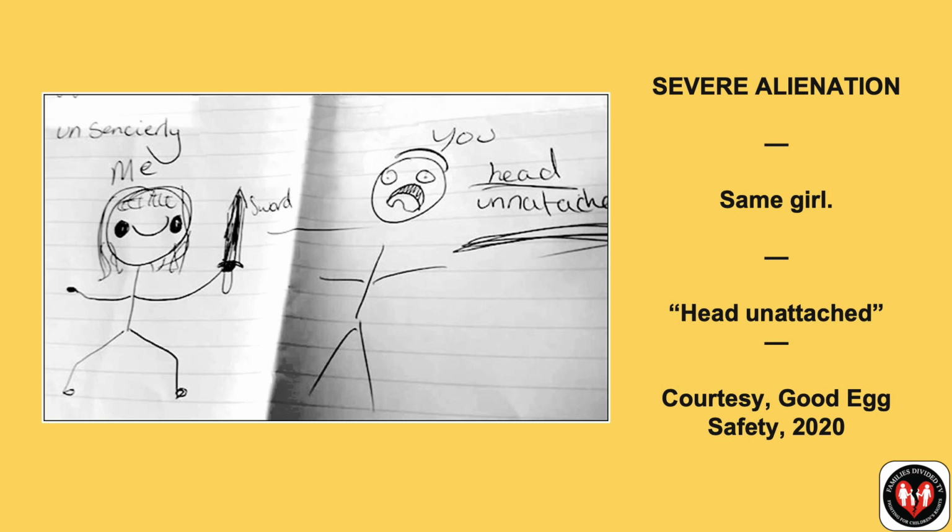You can see that she's holding a sword that looks bloody, and she's saying, "Unsincerely me," and then on the other side it says, "Head unattached, you with your head unattached." So if a person were doing an evaluation and the child comes in with these pictures, that's an extremely abnormal mental state for a child to have, murderous fantasies about a family member.